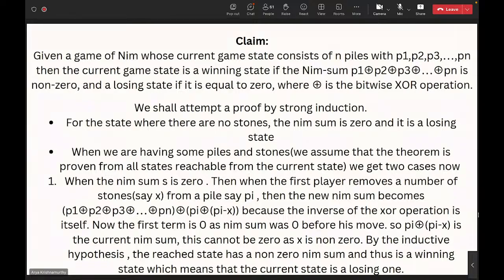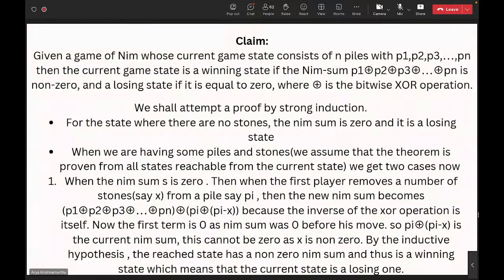So we have proved the theorem for all states to which, upon removing some number of stones, we get from this state. We get two cases now. First, the NIM sum S of the current state is 0.